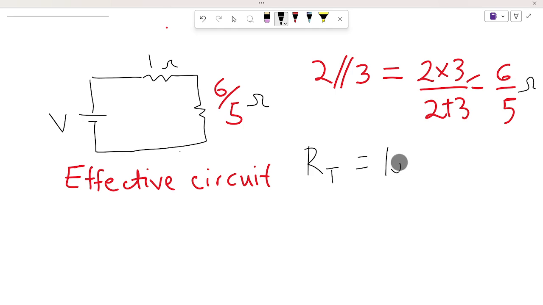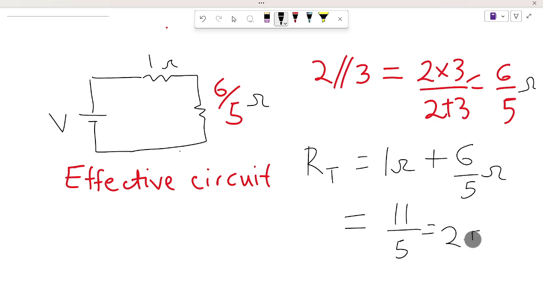So we have our 1 ohm resistor plus the 6 over 5 ohm resistor. So here we are going to have 11 over 5, and that's approximately 2.2 ohms. So that's going to be our total resistance in the circuit.